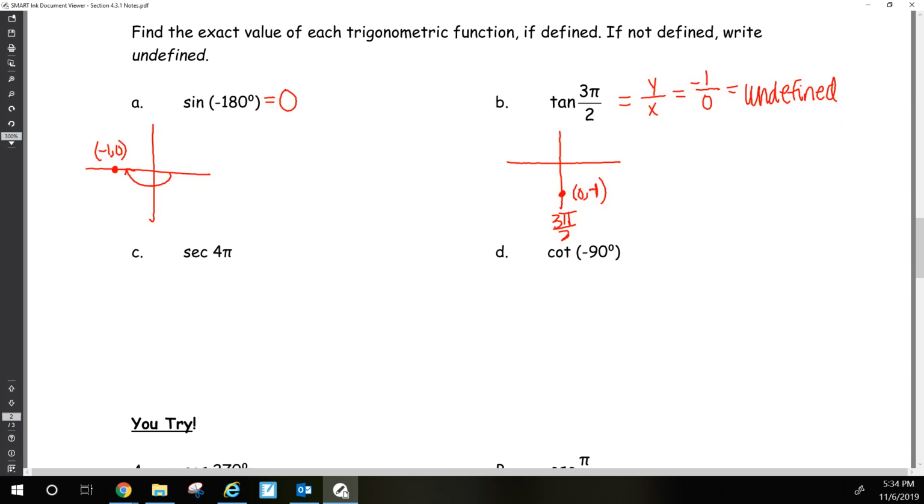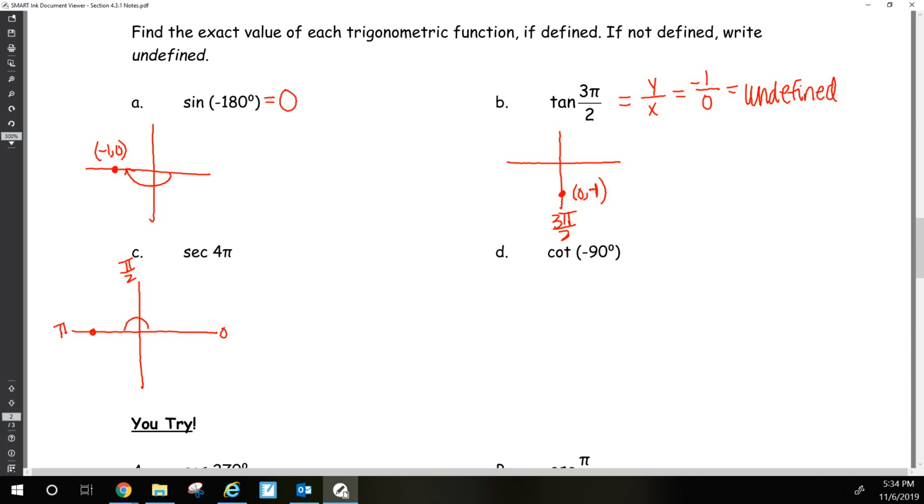All right, secant of 4 pi. Here's 0, pi over 2, pi, 3 pi over 2, 2 pi, 5 pi over 2, 4 pi. So here we go. Here's 4 pi. Nope, that's not right. Sorry. Here's 0. Let me write it out. Pi over 2. When I'm moving around, right?